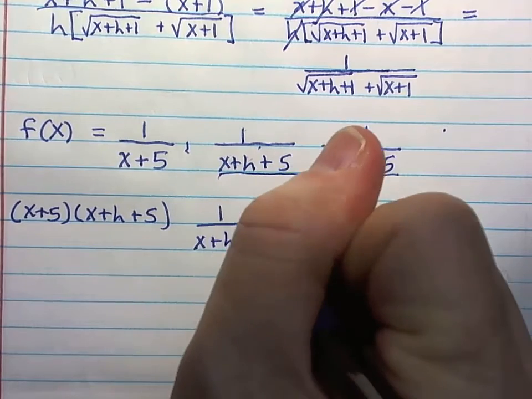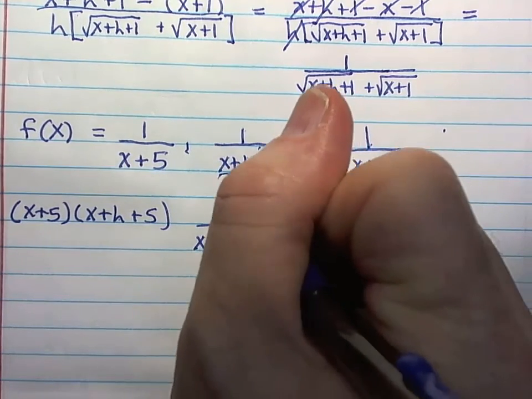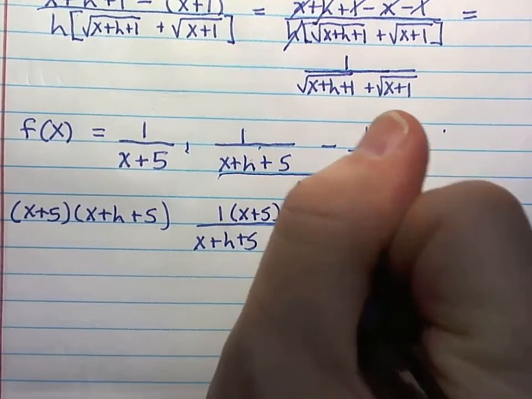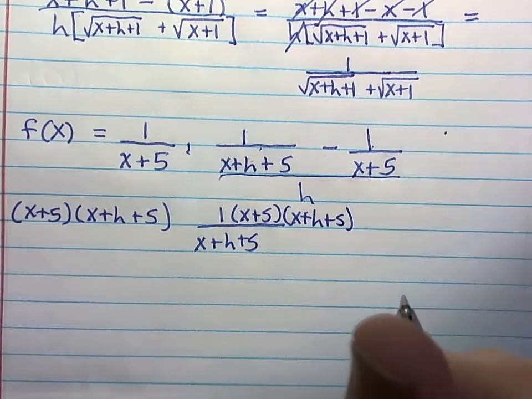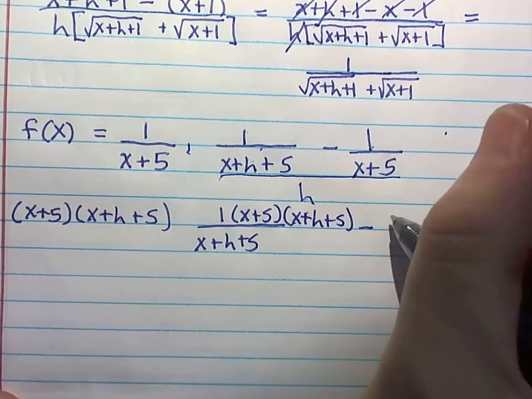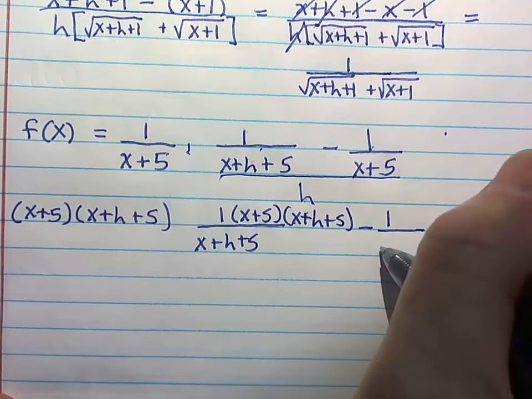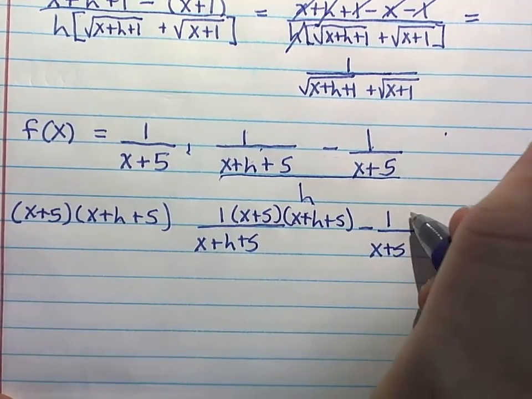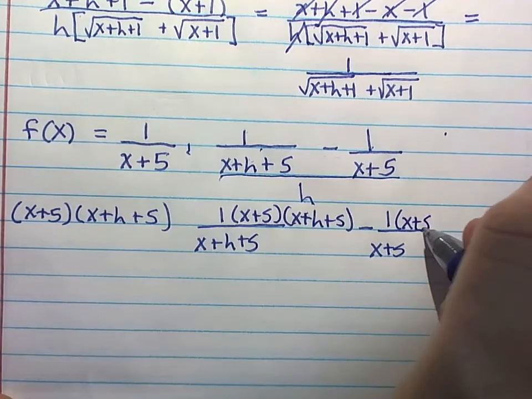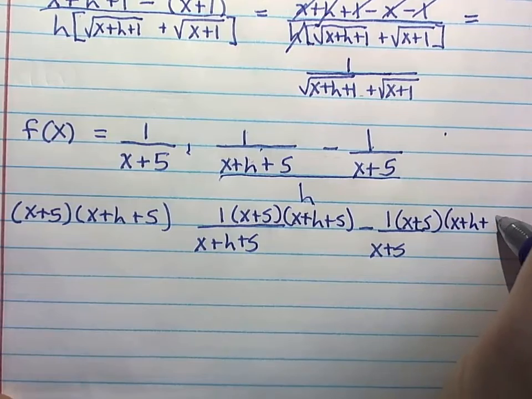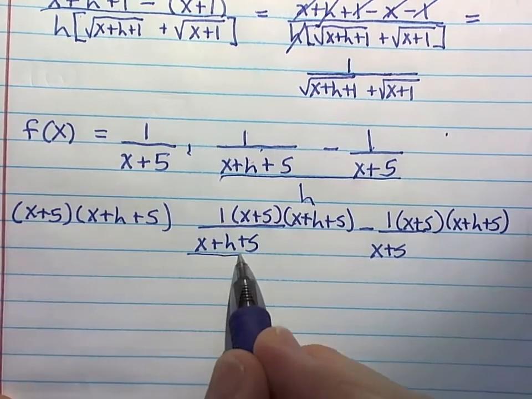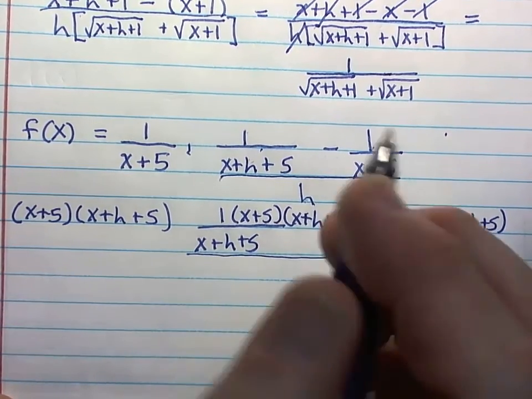We've got x plus h plus 5. And I multiply that by x plus 5, x plus h plus 5. Okay. Then I do the same thing over here. I've got 1 over x plus 5. I multiply by x plus 5, x plus h plus 5. Now if I do that to the top, I've got to do it to the bottom.